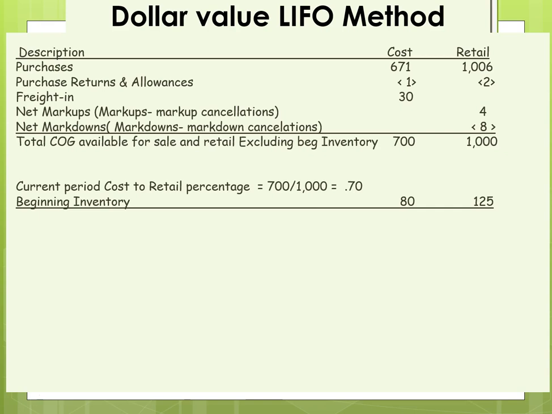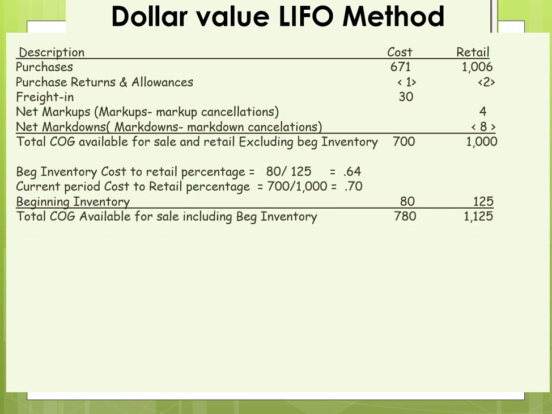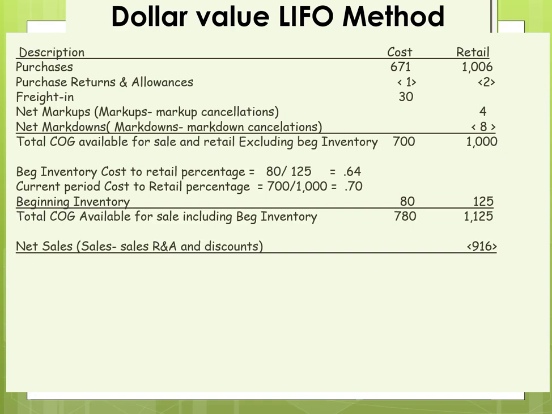Now beginning inventory is going to be at 0.64, because that's the beginning inventory cost divided by retail. So now we have total cost of goods available for sale. We're going to subtract out our net sales and we get estimated ending inventory at retail.